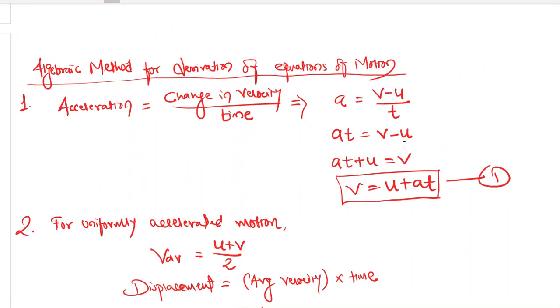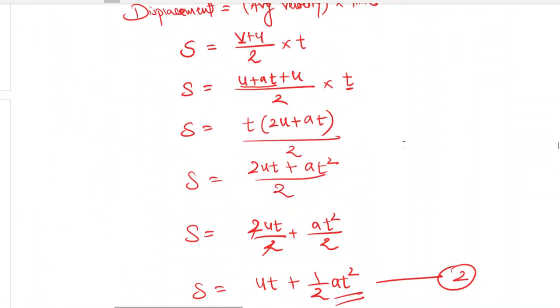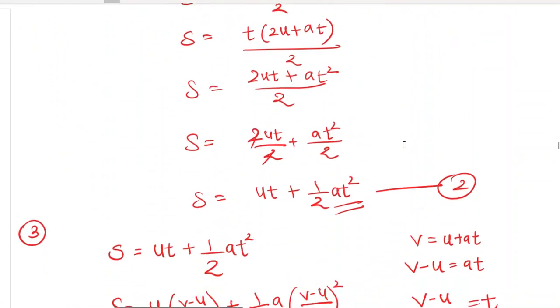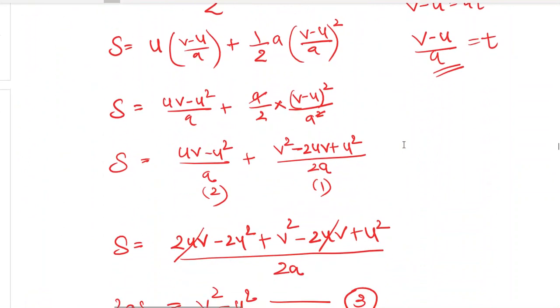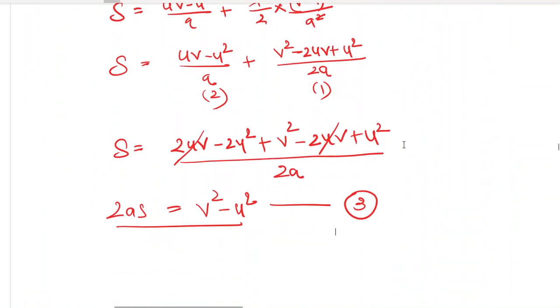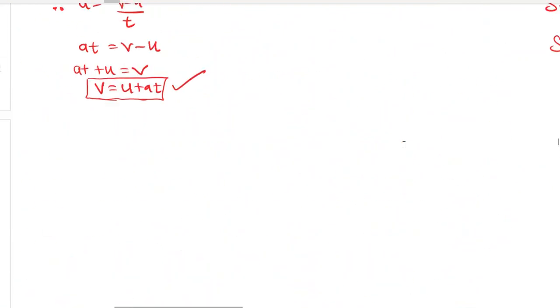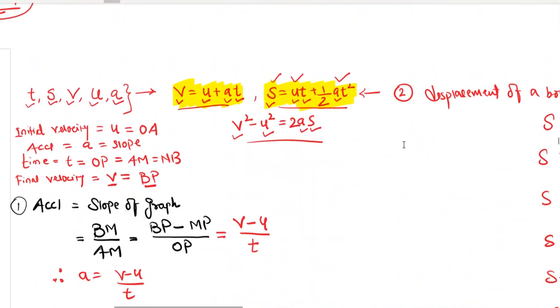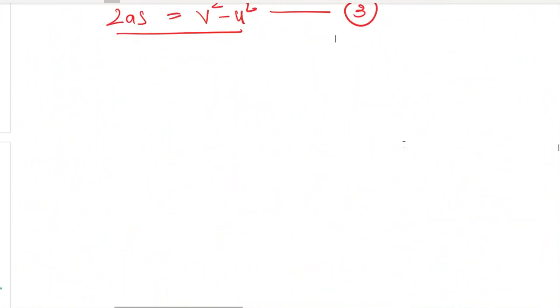Why not understand each and every method? Understand each and every step which I have discussed. Go through the video again and again. Pause it, note it down. Try to understand both the methods, algebraic as well as graphical. So I have derived the equations of motion. Now let's see what lies ahead.